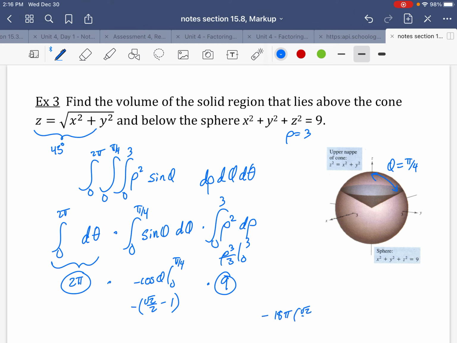And I have radical 2 over 2 minus 1 there. And you can change that or multiply it through however you like. I mean, if you wanted to multiply it through, you could say that your answer is, let's see, negative 9 pi radical 2 plus 18 pi. I mean, if you really wanted to like multiply it out. So however you like to do it.